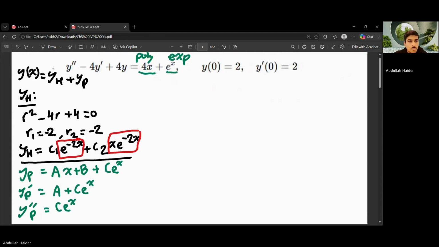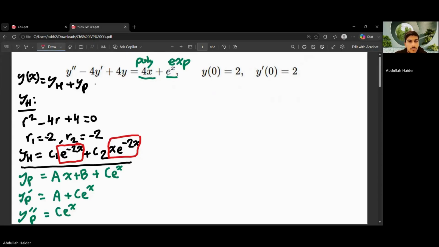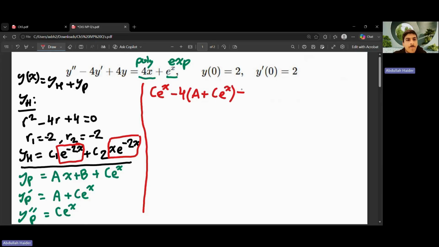So you have y double prime, which is c e power x, minus 4 times a plus c e power x, plus 4y, our original y_p: ax plus b plus c e power x, and we equate this to what we have on the right side, 4x plus e power x.